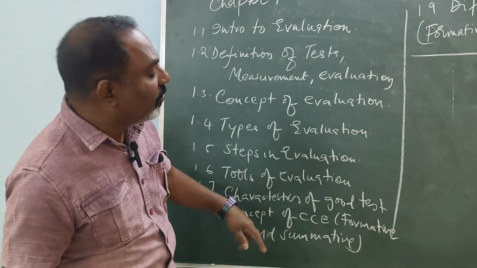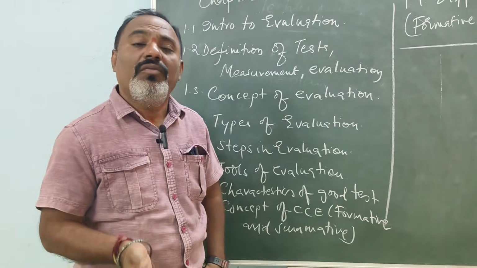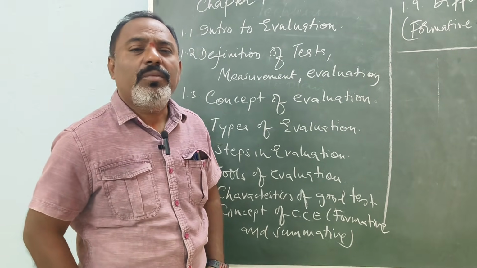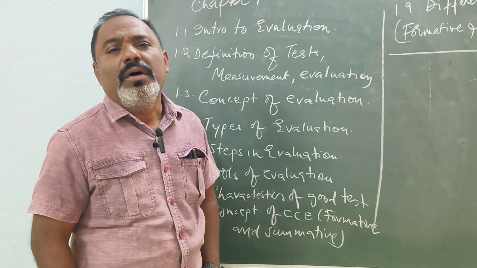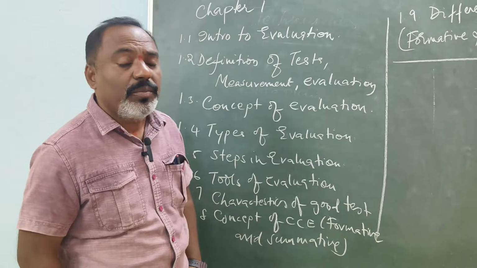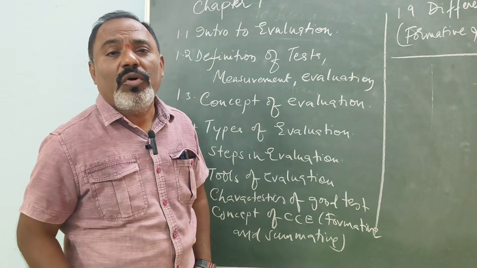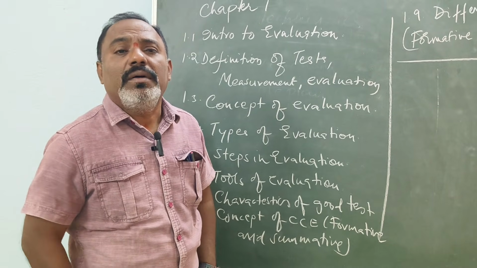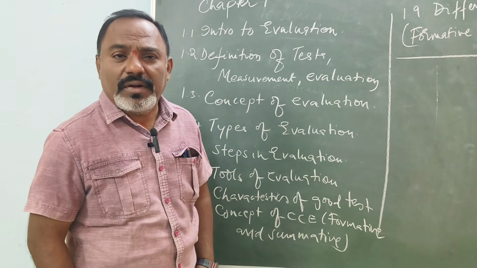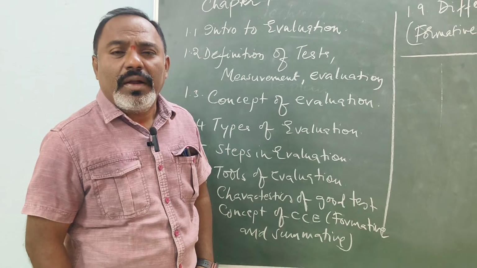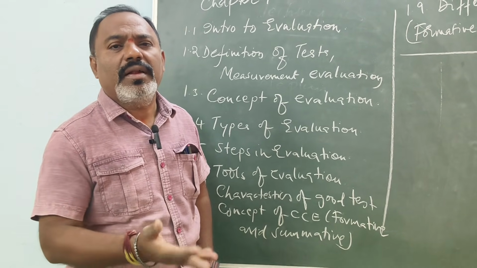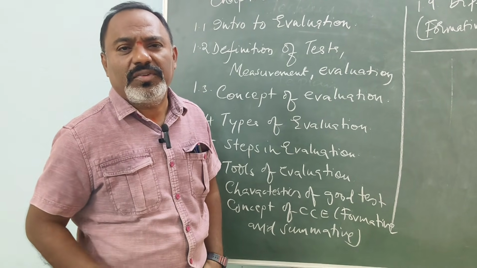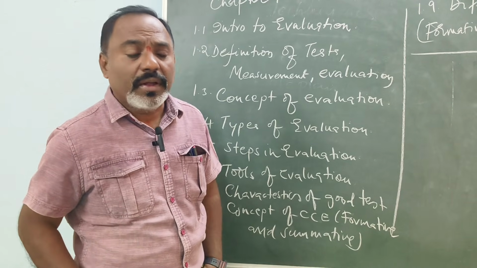Then we come to the concept of CCE. This is very important, on which we are writing. For example, when you come to CCE, we have two types of tests: formative and summative. Formative is done immediately after completion of a unit, and summative is done at the end, for the entire session or entire academic year.